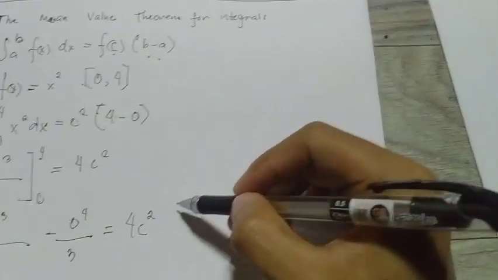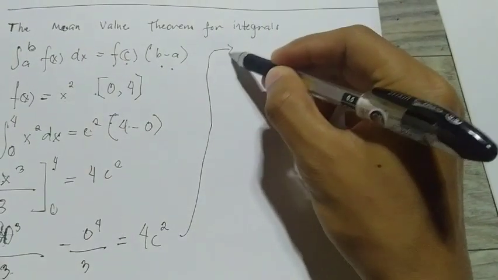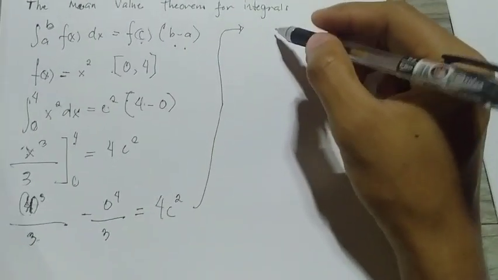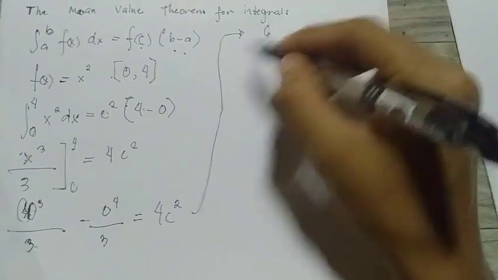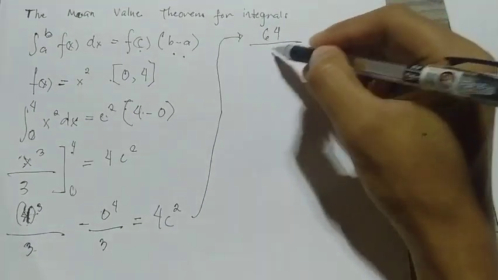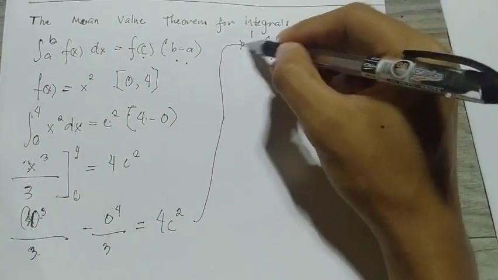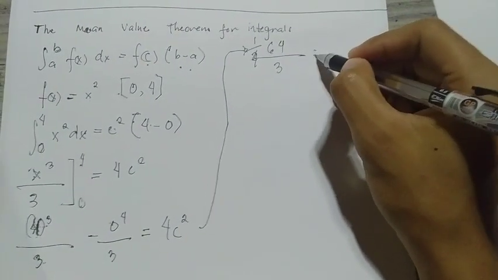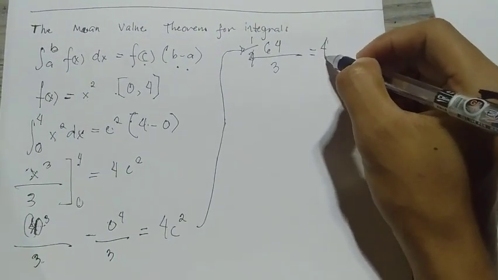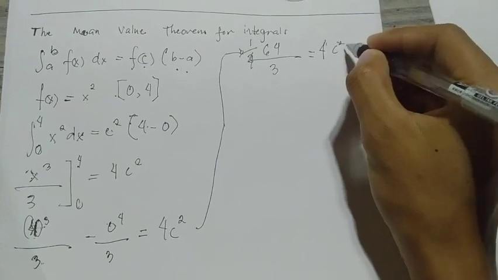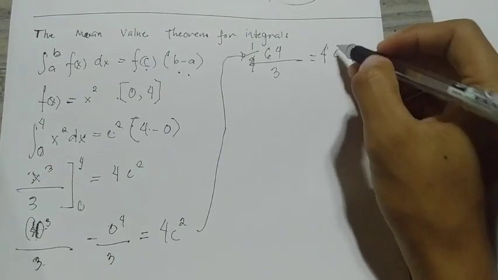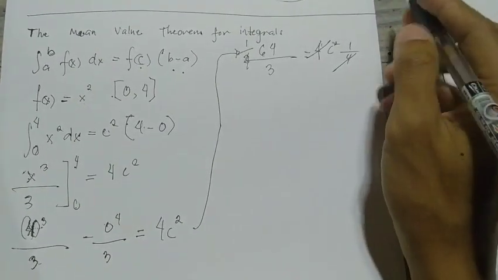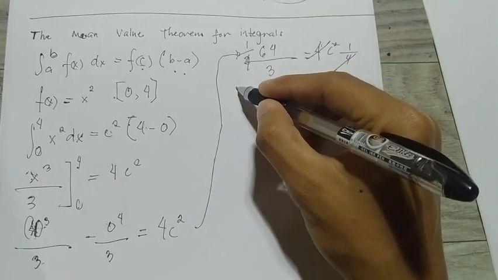So move here up: 64 over 3 equals 4c squared. So it's understandable now. Multiply both sides by 1/4, so cross out the 4.